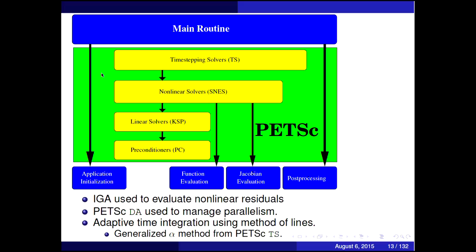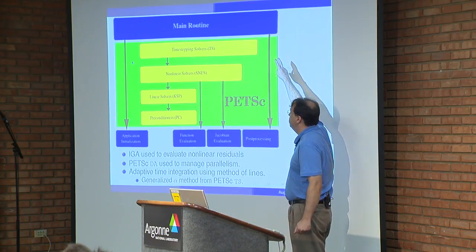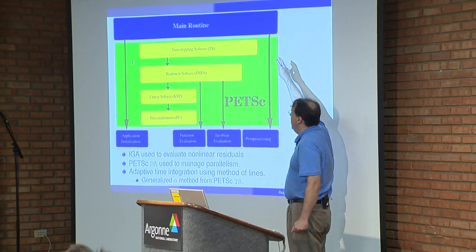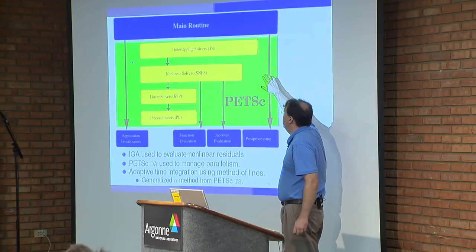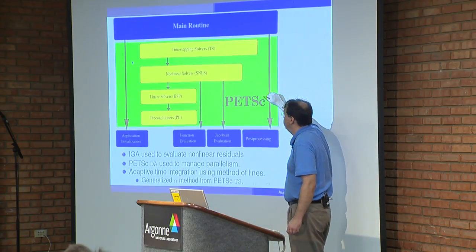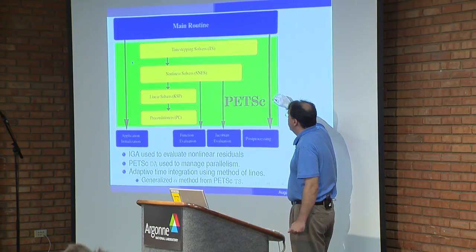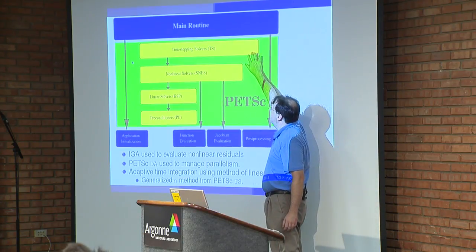So let's take a little snapshot of what your code looks like when you're working with PETSc and you're solving ODEs or DAEs. Generally you have your main program up there, and you want to use our ODE solvers, so you call into the ODE solver.